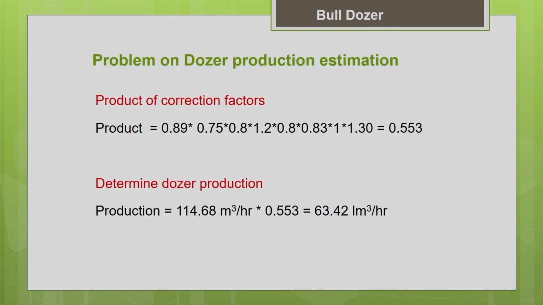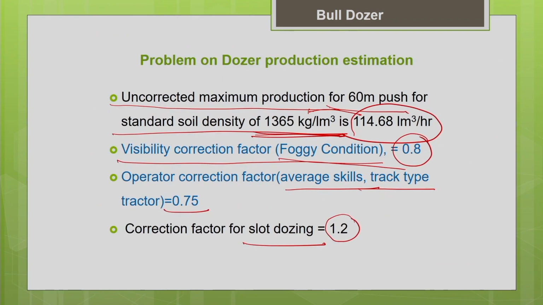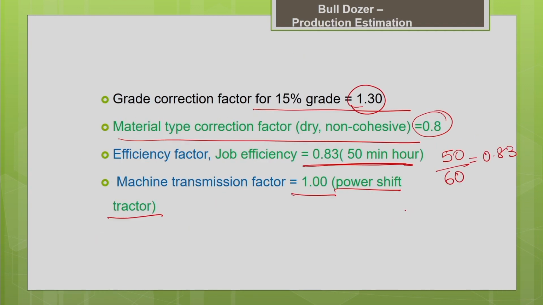Now let us find the product of all the correction factors. Whatever correction factors we have discussed so far, let me summarize. One is your visibility correction factor 0.8, operator skill correction factor 0.75, correction factor for slot dozing 1.2, grade 1.3, material type 0.8.